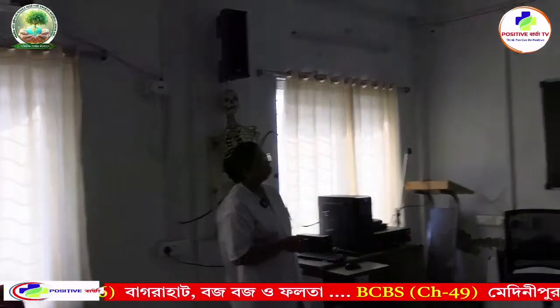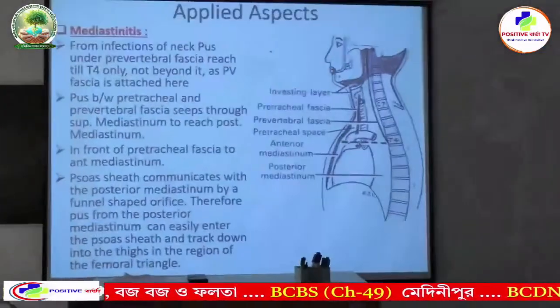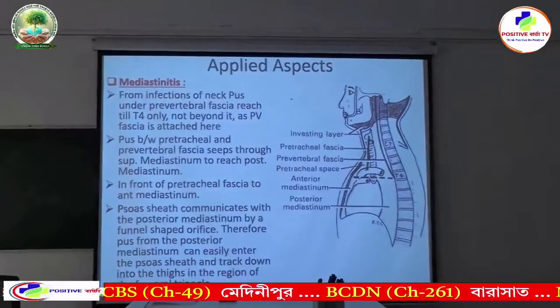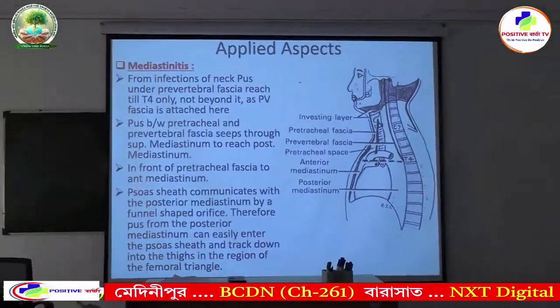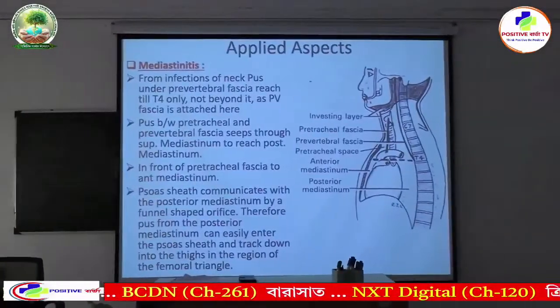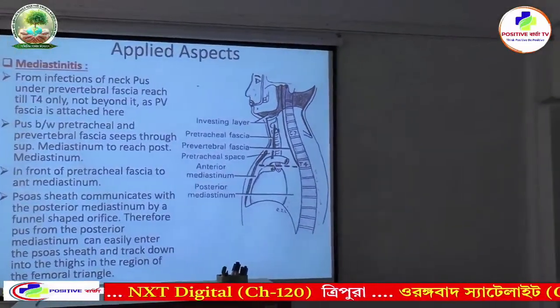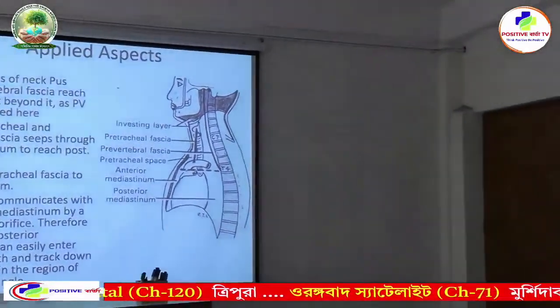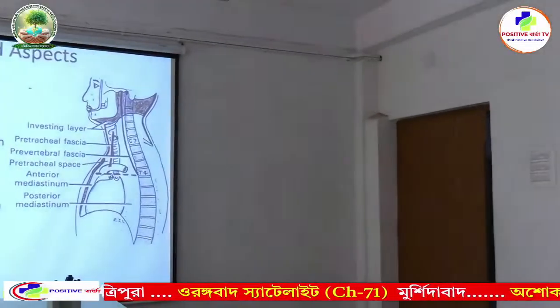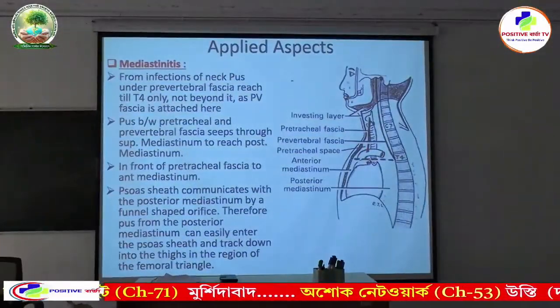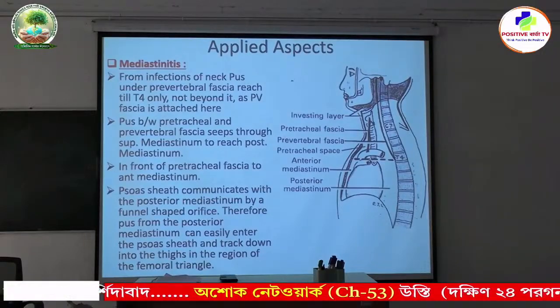And pass between the pretracheal and prevertebral layer, it seeps through the superior mediastinum to reach the posterior mediastinum. It can freely pass here and in front of pretracheal fossa to the anterior mediastinum. If it lies, the pus can pass in front of pretracheal layer of the fossa, it enters into anterior mediastinum.